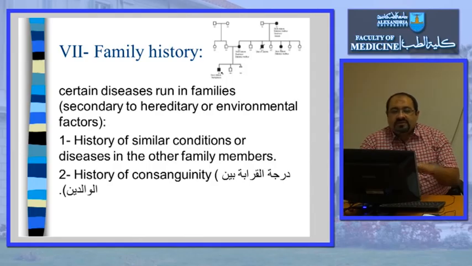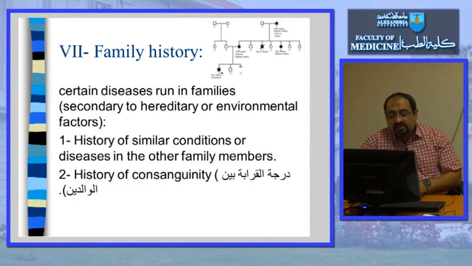For example, families living in rural areas may all have schistosomiasis. Or because of hereditary reasons, certain diseases can run in families because of genetic disorders or hereditary causes. Also, history of consanguinity is important because this increases the incidence of certain diseases.